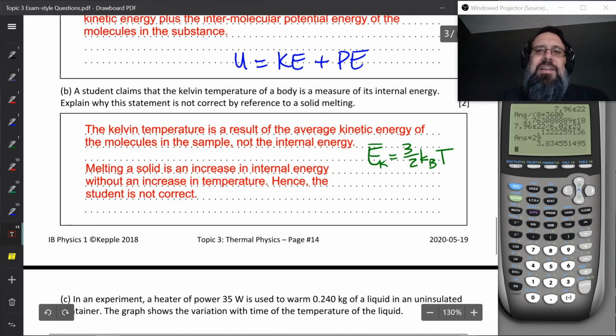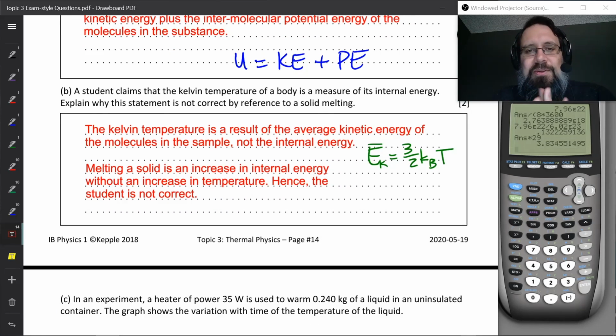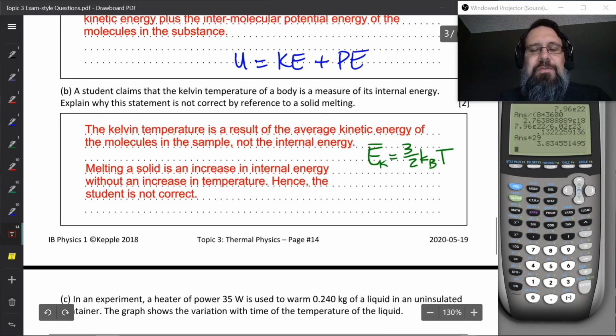We first said the misconception was that the student thought internal energy is all there is, but actually there's also potential energy. When you're dealing with an ideal gas, the internal energy ends up being entirely kinetic, because an ideal gas, by definition, has no interparticle potential energy. That's the confusion the student is having: they're confusing an ideal gas for all bodies. This is true for an ideal gas.